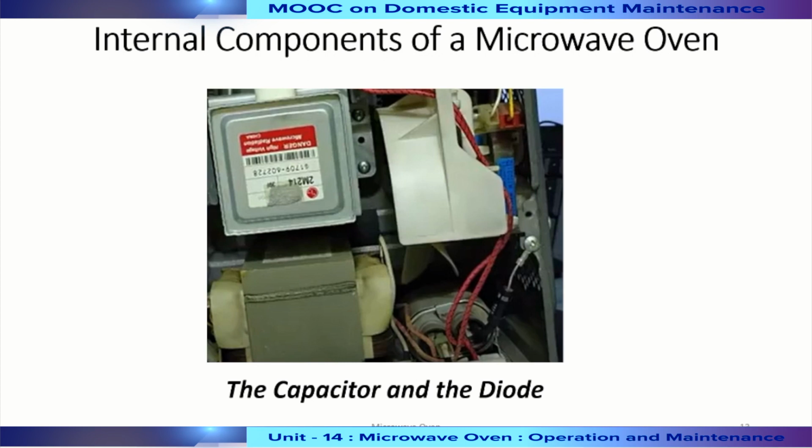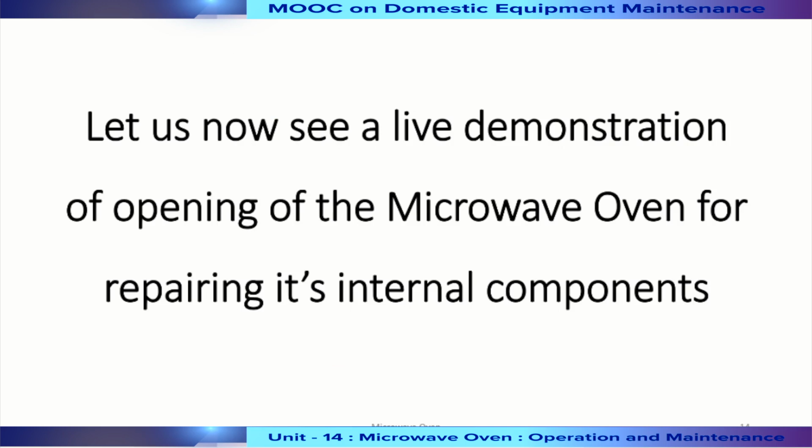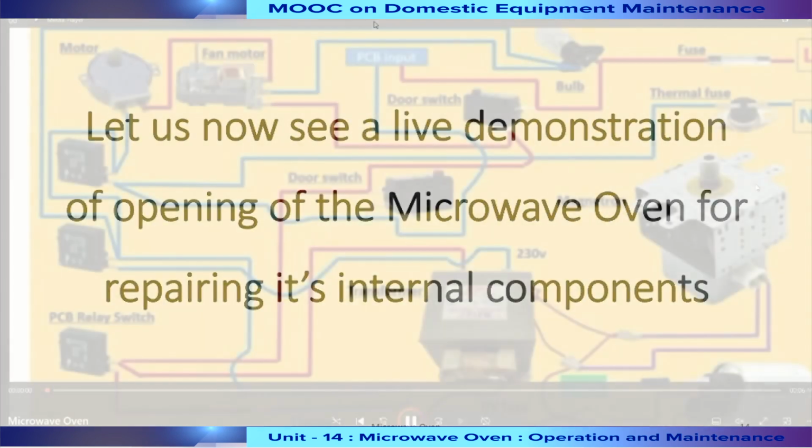And after we find them to be not working, we can go for replacement of these components, which are available easily in the market. So let us now see a live demonstration of opening of the microwave oven for repairing its internal components.